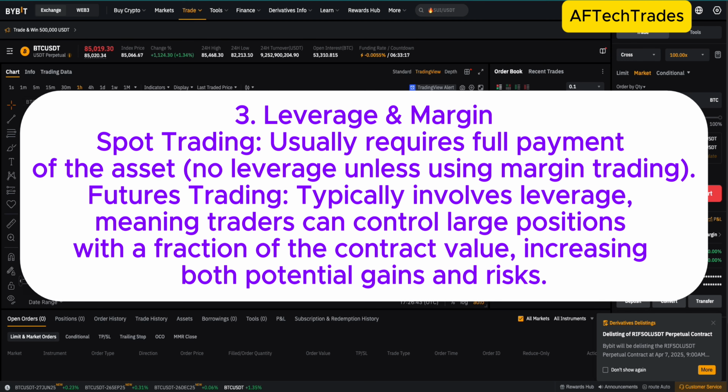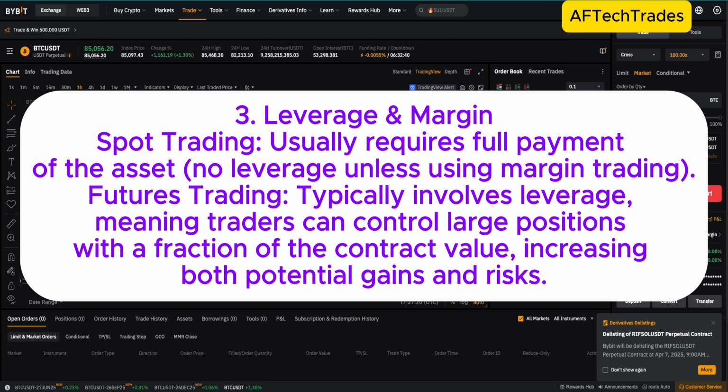Our number 3 difference is leverage and margin. I already gave you hints on this. Spot trading usually requires full payment of the asset with your own money, with no leverage, unless you decide to use margin trading, which involves borrowing money. Futures trading typically involves leverage, meaning traders can control large positions with a fraction of the contract value, increasing both potential gains and risks.